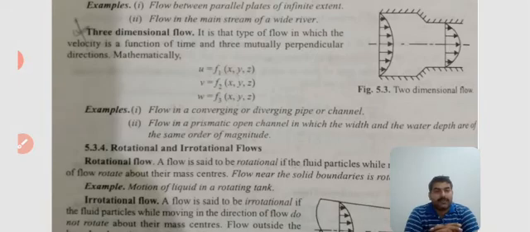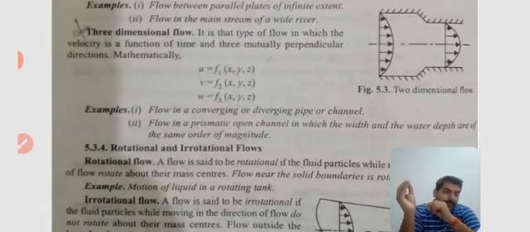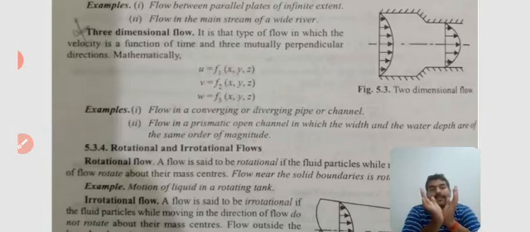Therefore the velocity components u, v and w are f1(x, y, z), f2(x, y, z) and f3(x, y, z) respectively. So u is a function of three coordinates x, y, z, v is a function of three coordinates x, y, z, and w is a function of three coordinates x, y, z. That is three dimensional flow.